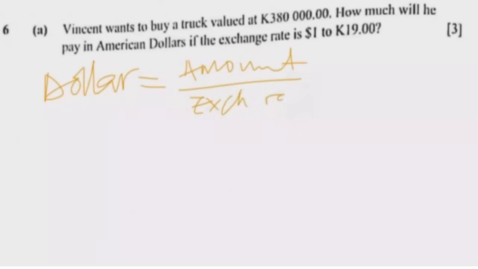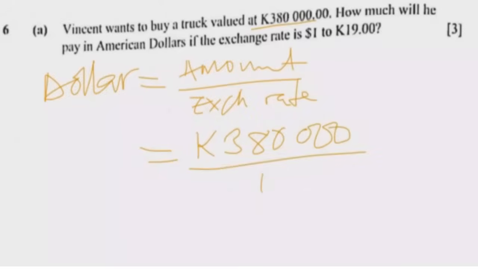That is just my shorthand. Then I'm going to write 380,000 divided by 19, which is the exchange rate.